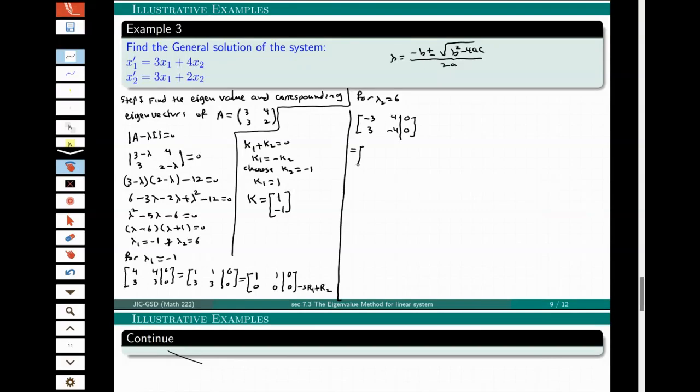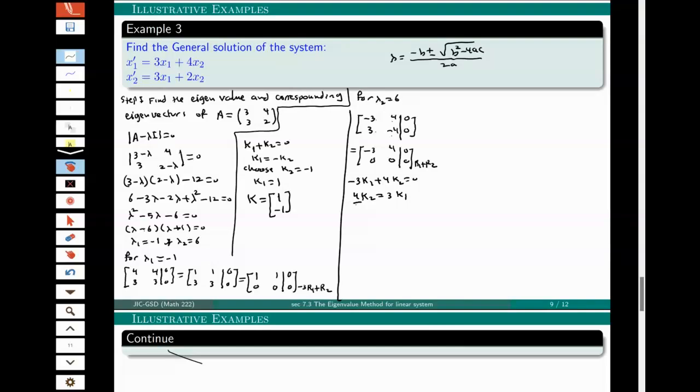Clearly, I can say immediately, this is minus 3, 4, 0, and if I add row 1 plus row 2, minus 3 plus 3 is 0, 4 minus 4 is 0, so I'll get minus 3 K1 plus 4 K2 is equal to 0, which means 4 K2 is equal to 3 K1.